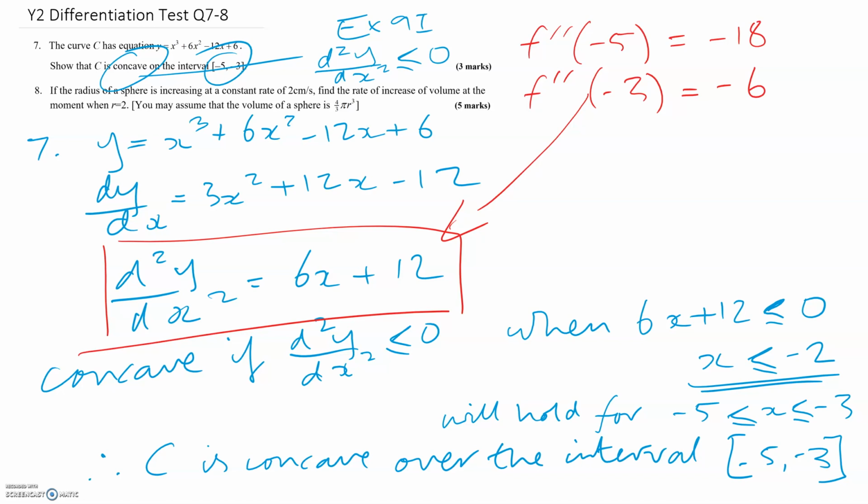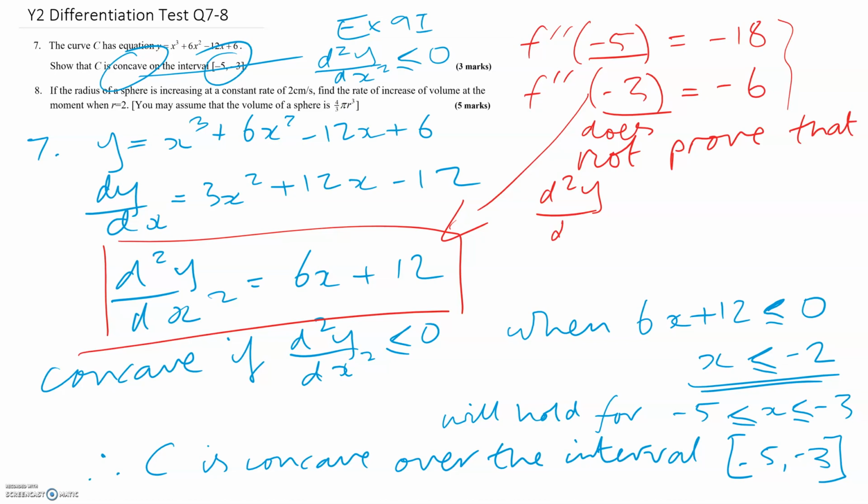That's not enough. These are negatives, so the second derivative is negative at this point and at that point, but this does not prove that the second derivative is negative between minus 5 and minus 3.